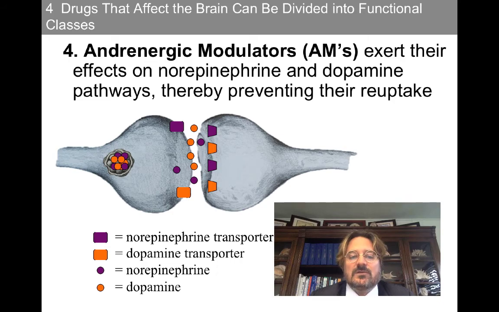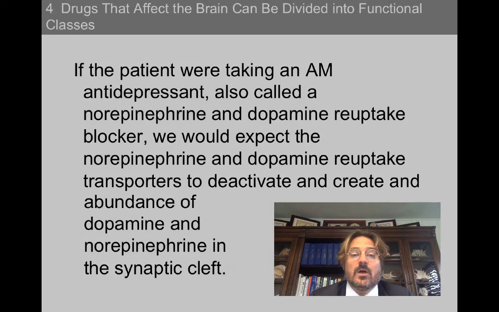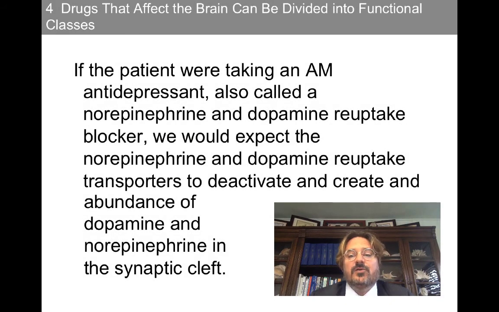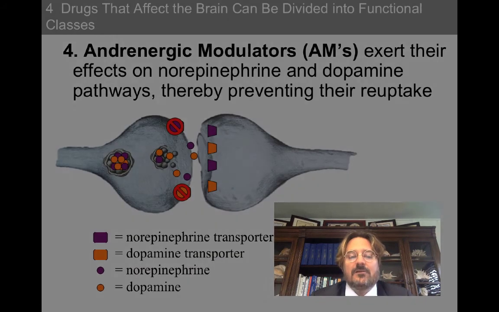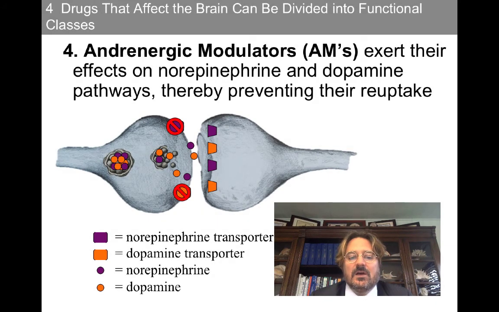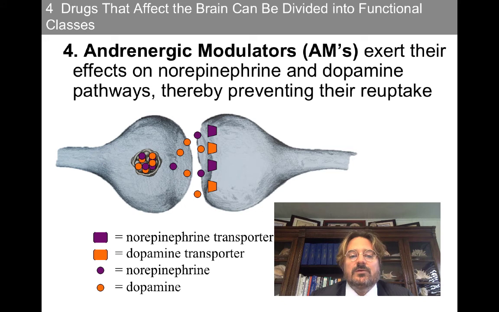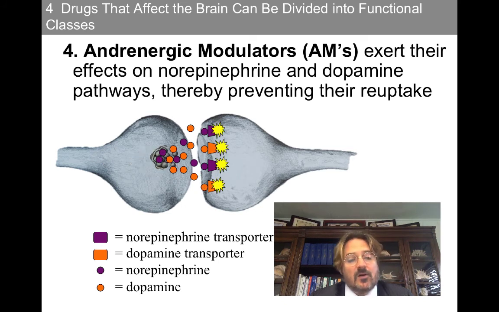for further use. Now, if the individual were taking Wellbutrin, we would expect norepinephrine and dopamine reuptake transporters to deactivate and create an abundance of both dopamine and norepinephrine in the synapse. So here we see the removal of both of our membrane transporters, and whenever the dopamine and norepinephrine is released, it causes these localized graded potentials, but in addition, it's not reuptaken.